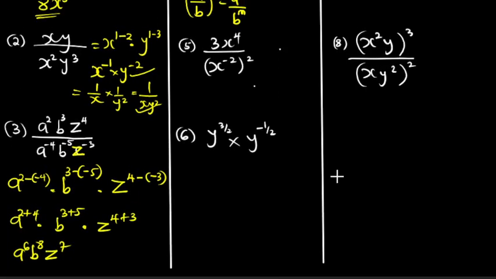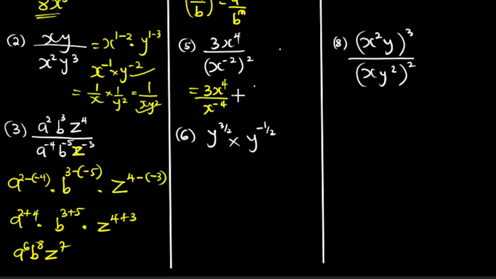Then for number 5, this is the same thing as 3x to the power of 4. Then let's simplify what we have in the parentheses, which is at the denominator level. So this becomes x to the power of negative 2 times 2, which is negative 4.